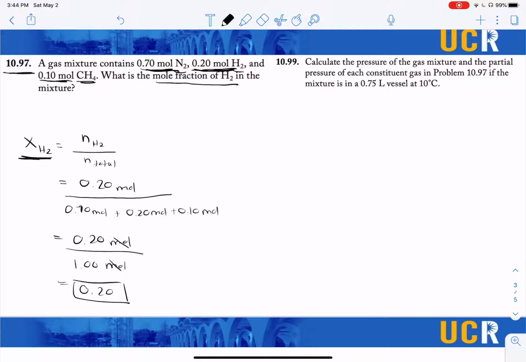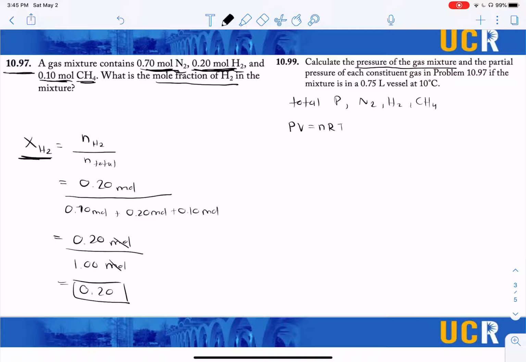Now moving on to the second problem, it's asking us to calculate the pressure of the gas mixture. So that means it wants to find the total pressure of all these gases, N2, H2, and CH4. To do this, we're going to use the formula PV equals nRT. The reason we use this is that we're given, or we can calculate, all of these variables.